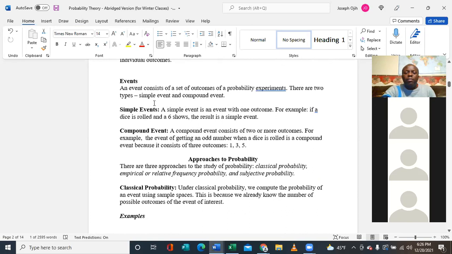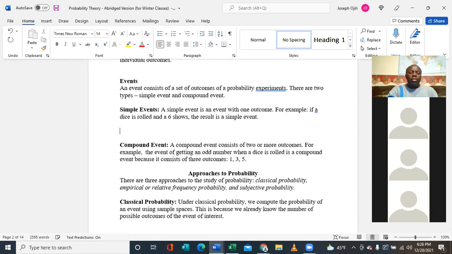We have the simple events, in which there's only one outcome. For example, if a dice is rolled and a 6 shows up, you roll a dice and get a 6.